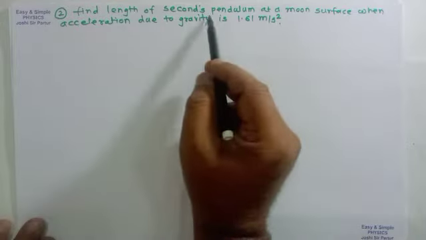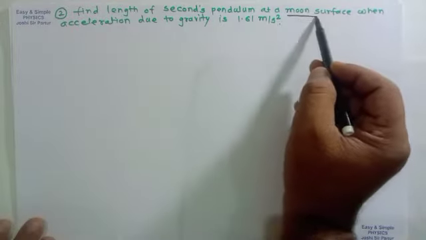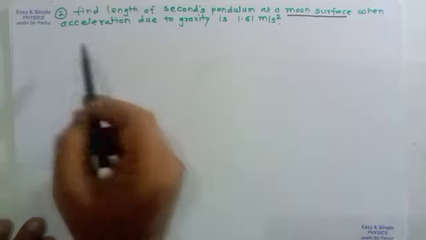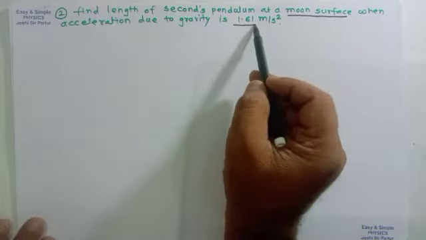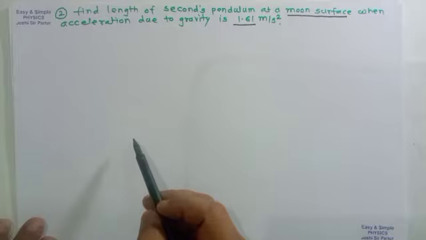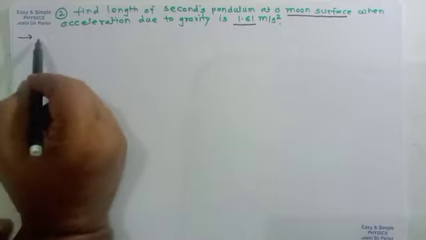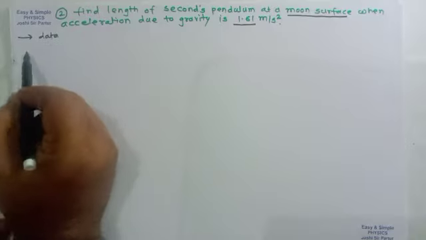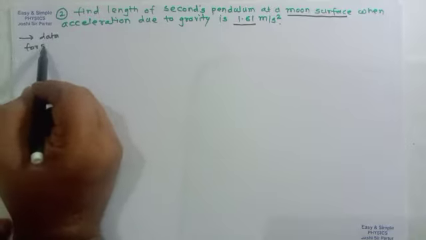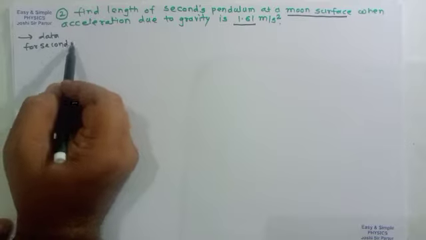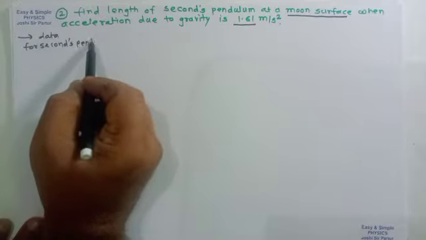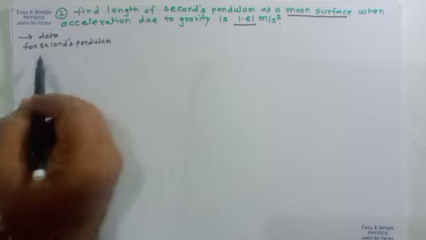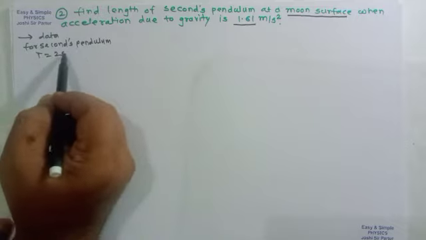Find the length of second pendulum at moon surface when acceleration due to gravity will be 1.61 meter per second square. See here, data. We know that for second pendulum T equal to 2 seconds.